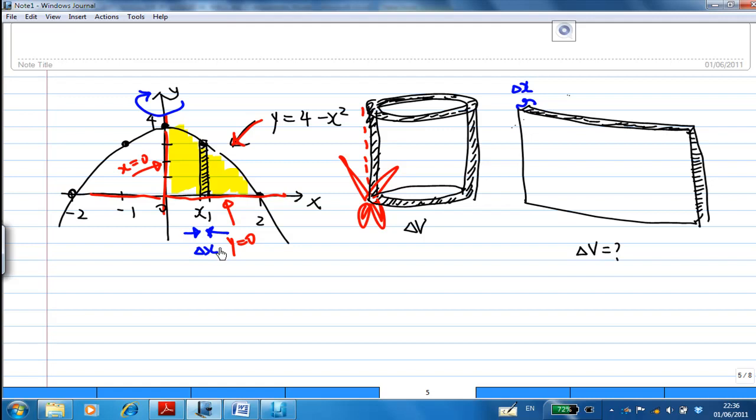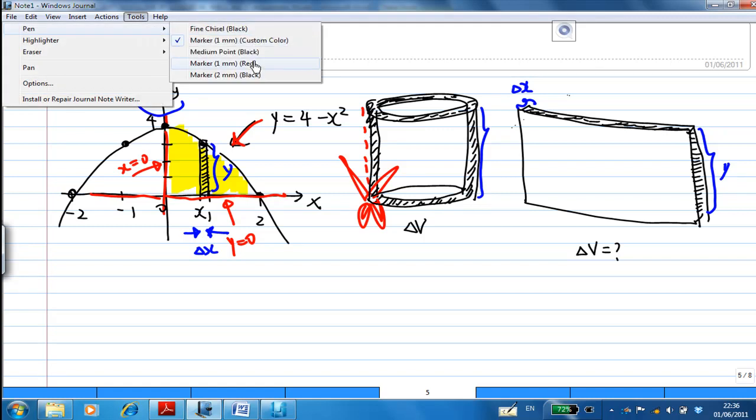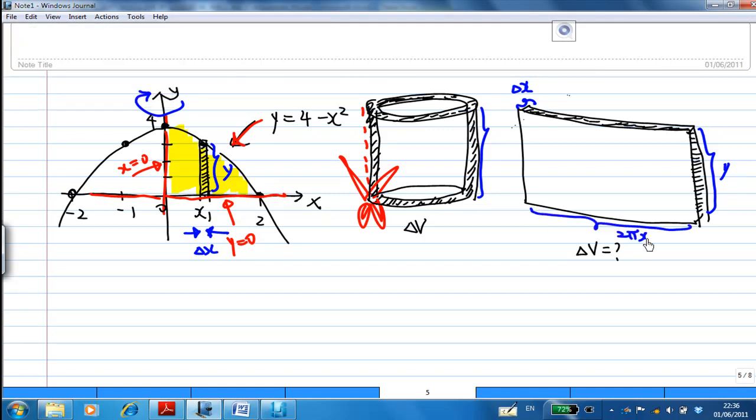I also need the height of the cylinder. So the height is the same as this height here. This is my y. So the height is y. I also need the length. So the length in this case is equal to 2 pi x. It's because the distance of the shell to the y-axis is x.